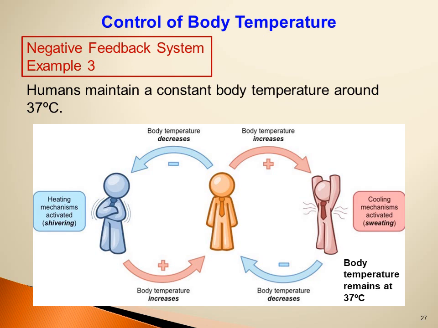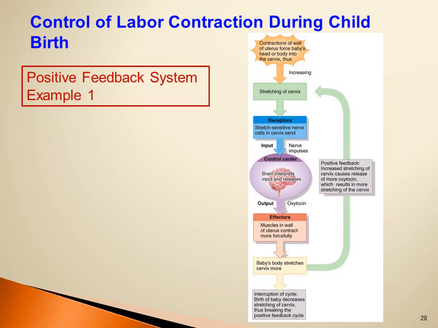And we know skeletal muscle contraction will generate heat. So the generated heat will bring body temperature back to normal, back to 37 degrees Celsius.